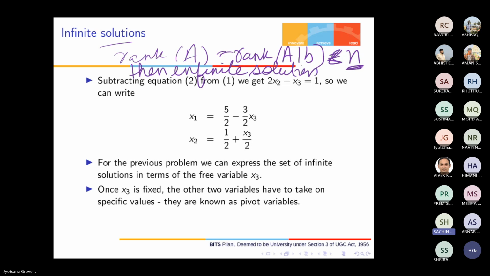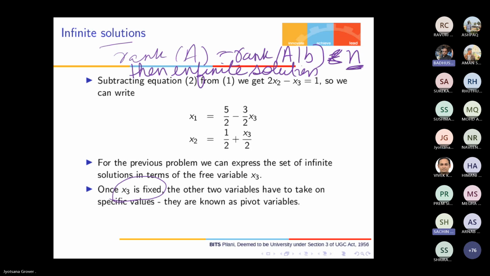Ma'am, I have a question. Even if we change the problem statement and swap the equations, when we make it into the matrix, we arrive at the same solution, right?